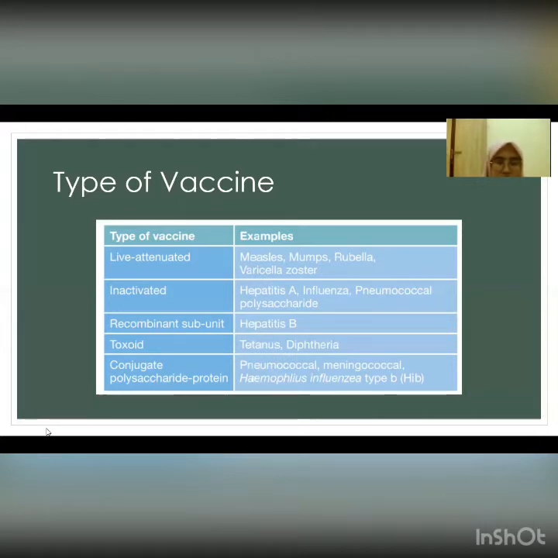Examples are tetanus and diphtheria. And the last one is conjugate polysaccharide-protein. This is from the linkage, or conjugation, of polysaccharide to proteins. This increases the effectiveness of polysaccharide vaccines in young children. Examples are pneumococcal, meningococcal, and Haemophilus influenzae type B.